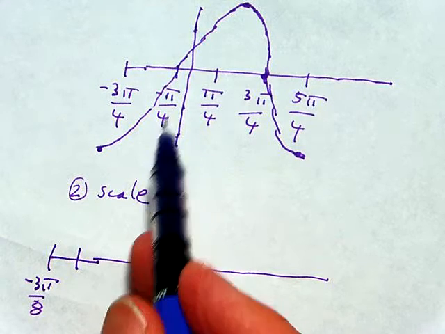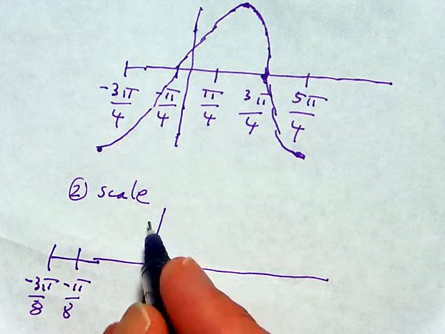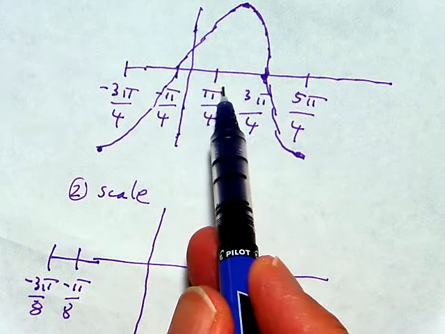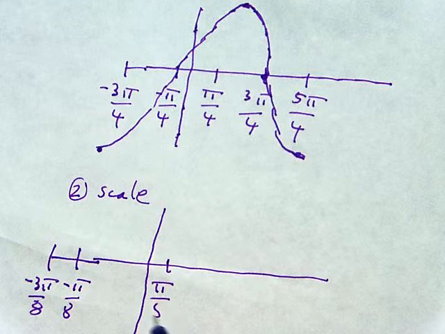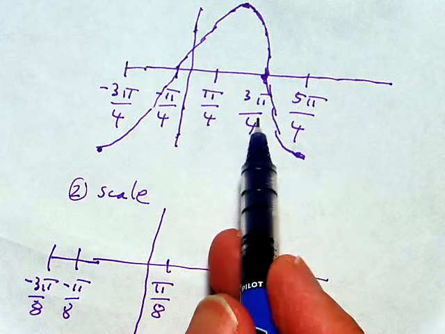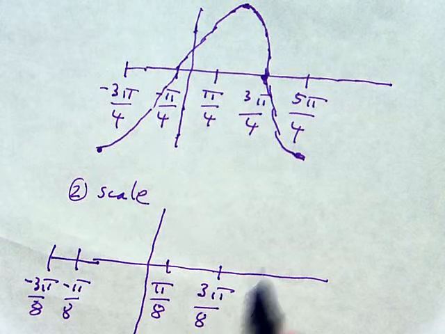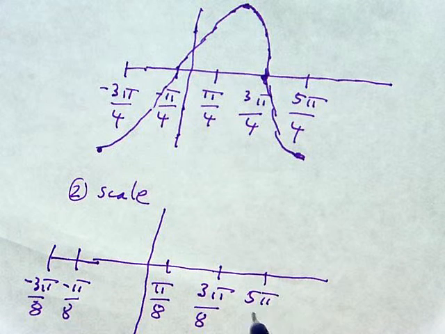Negative pi over 4 divided by 2 is negative pi over 8. And, you know, just really not to scale, but let's just keep going. Pi over 4 divided by 2 is pi over 8. 3 pi over 4 divided by 2 is 3 pi over 8. And 5 pi over 4 divided by 2 is 5 pi over 8.